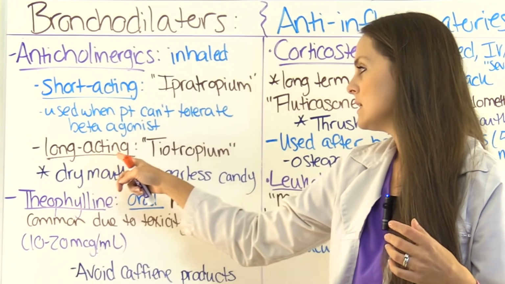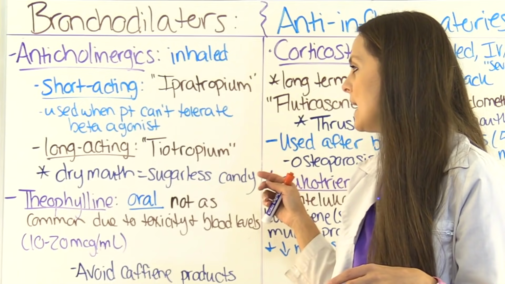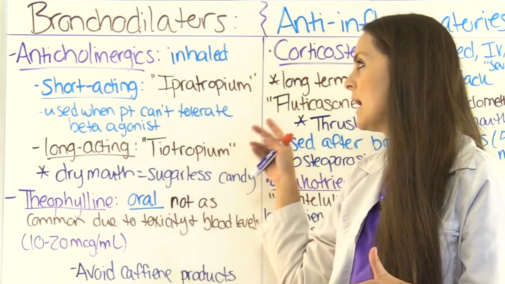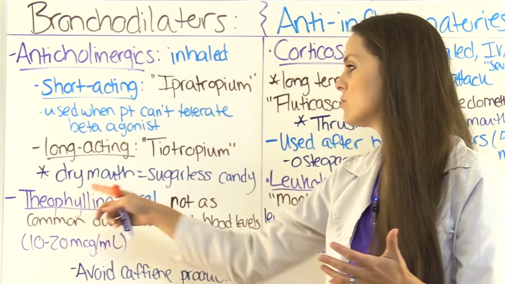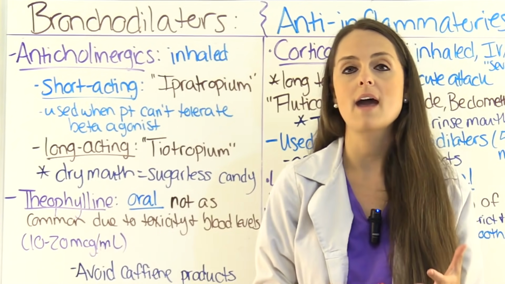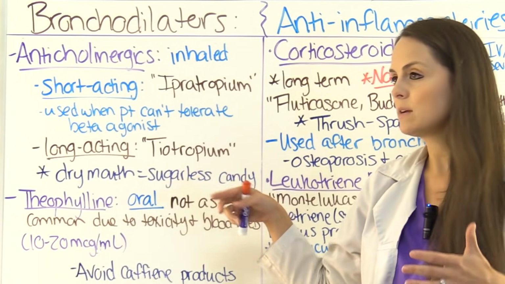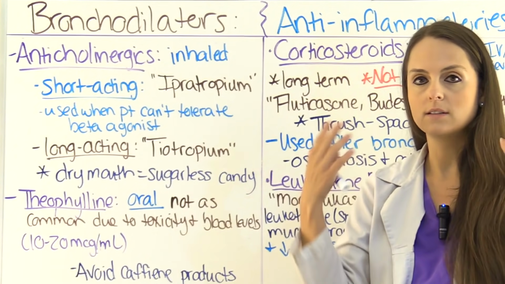The long-acting popular kind is tiotropium, which is a little bit longer acting compared to your short-acting. Because these are anticholinergics, they can cause dry mouth, so let your patient know that. To help with that, they can take sugarless candy, which will help increase the production of saliva so their mouth isn't as dry.